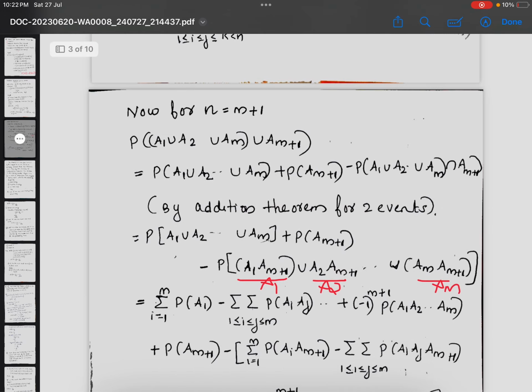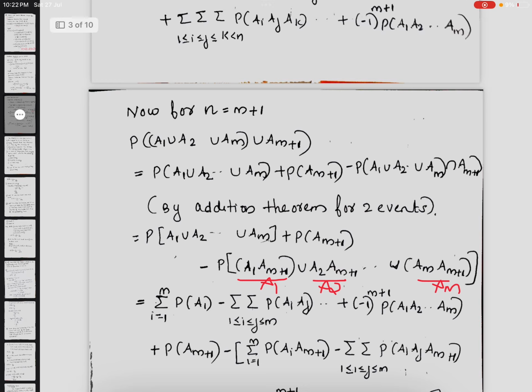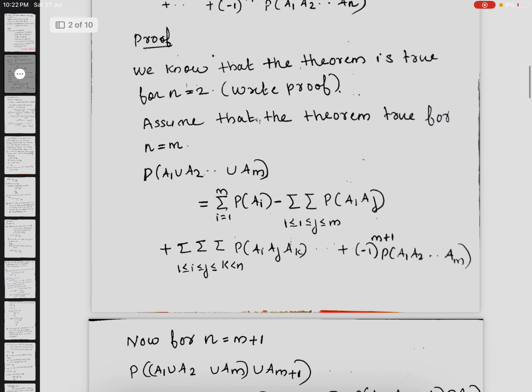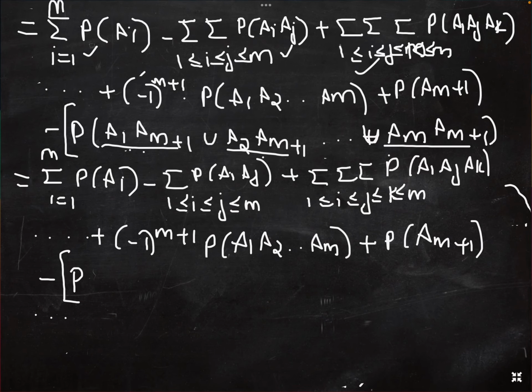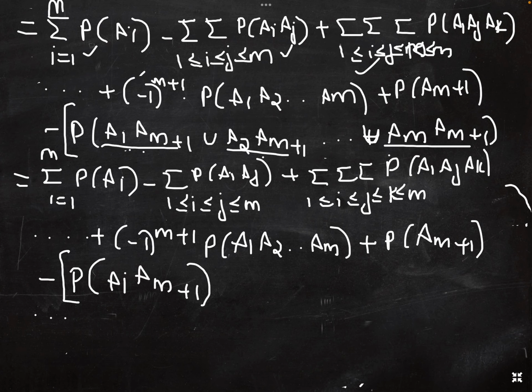Here P of A1 A m plus 1 union A2 A m plus 1 union etc. union A m plus 1, that is P of A1 union A2 union etc. union A m, that is summation i equals 1 to m, P of A i A m plus 1.